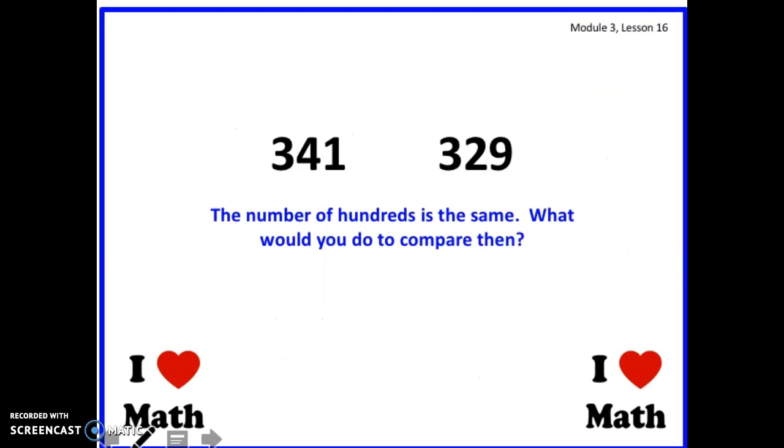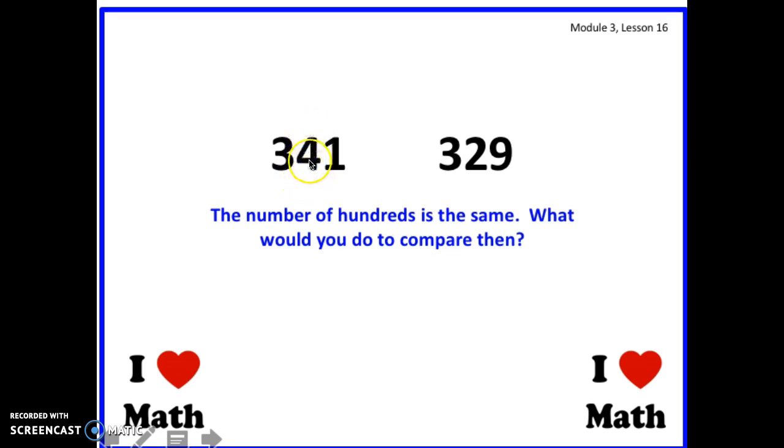All right, so let's go on to the next one. Look at this. The number of hundreds is the same in these 2 numbers, but the tens are different and the ones are different. How would we compare them if the hundreds are the same? And the other ones, we always had the hundreds being different. What do we do now? Yeah, we go to the tens place.